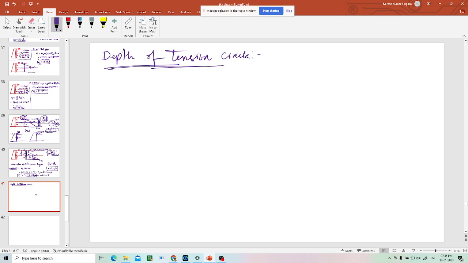So now one concept we will learn. The crack forms like this.